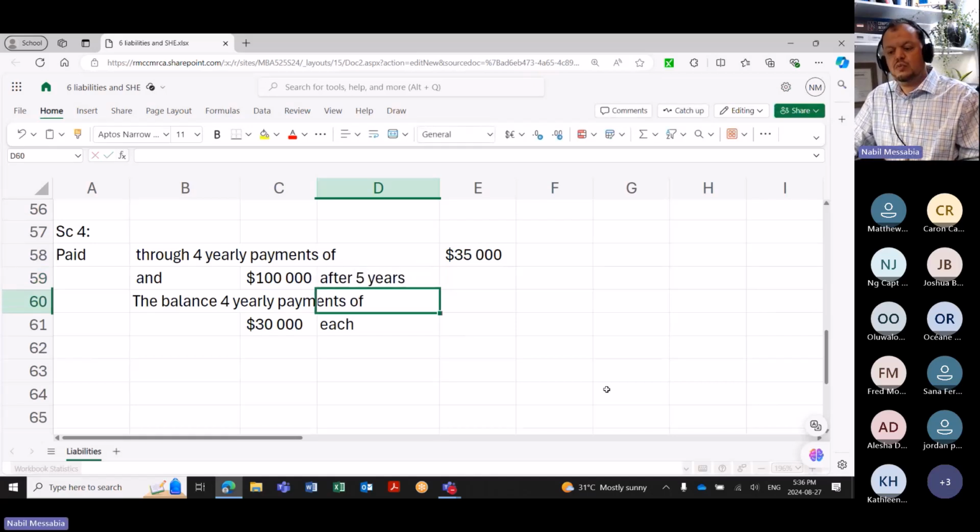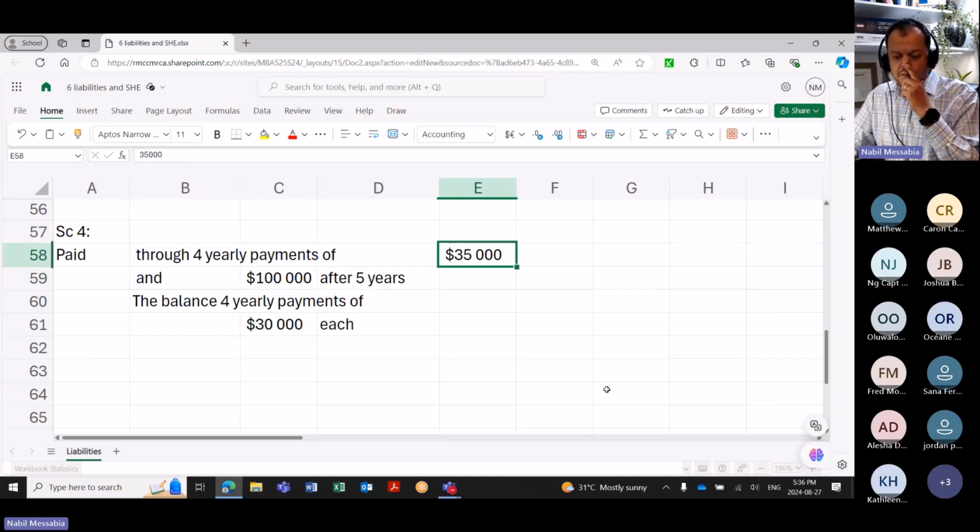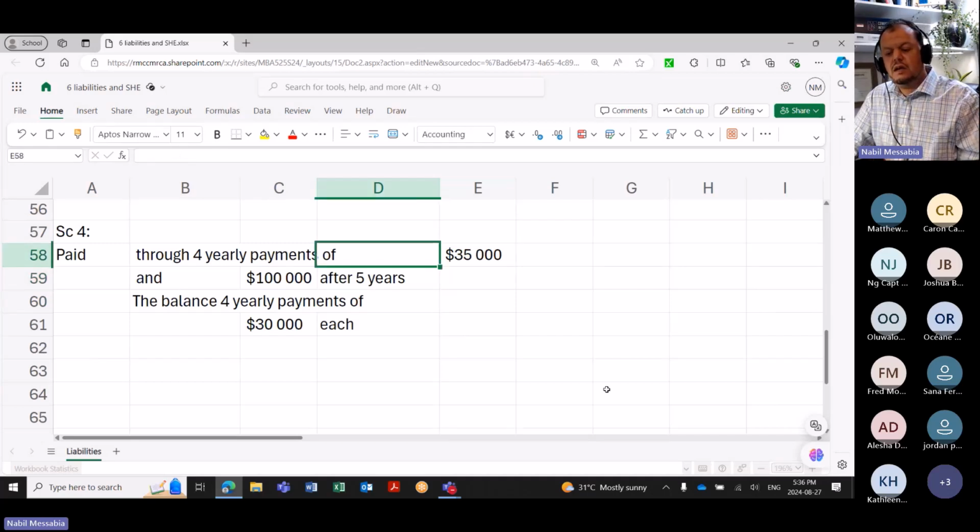We're going to pay $35,000 and then a single amount of $100,000 after 5 years.